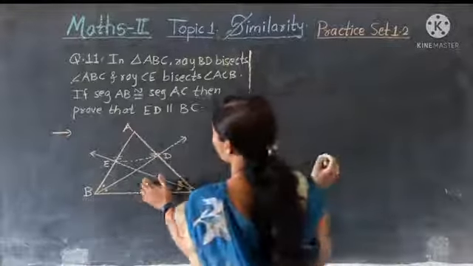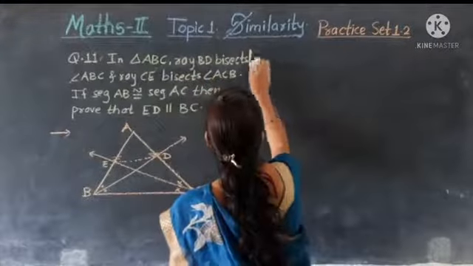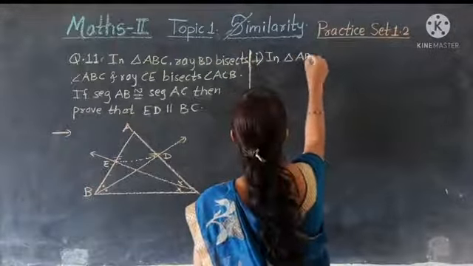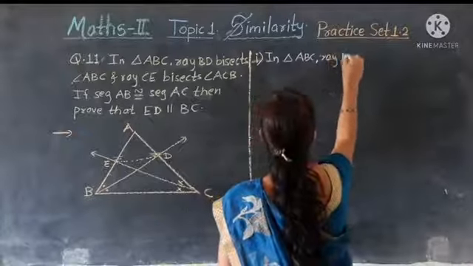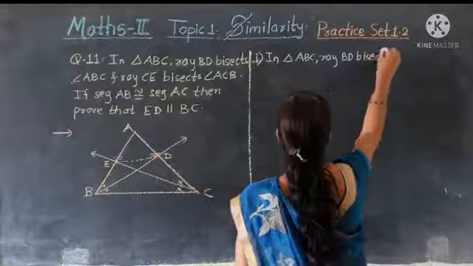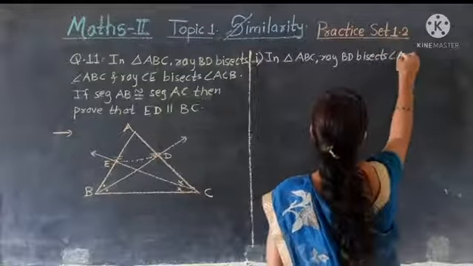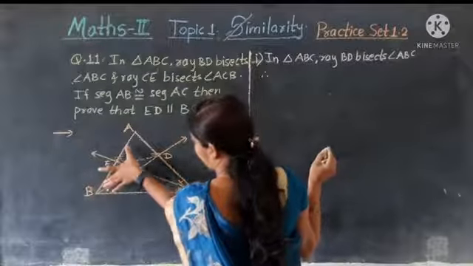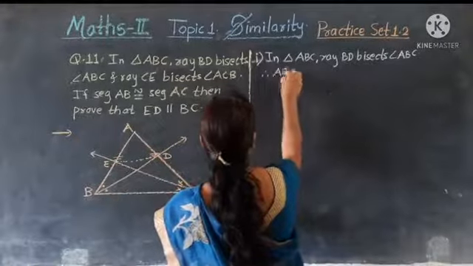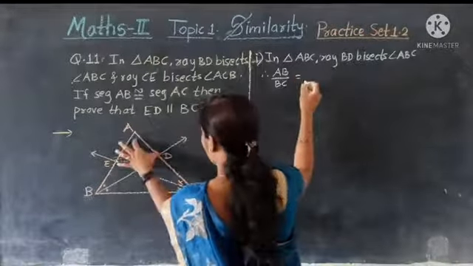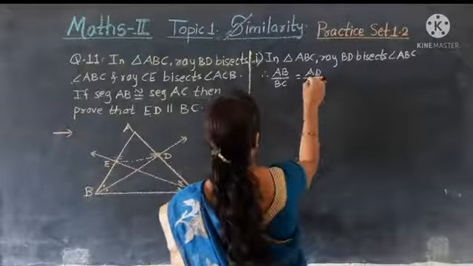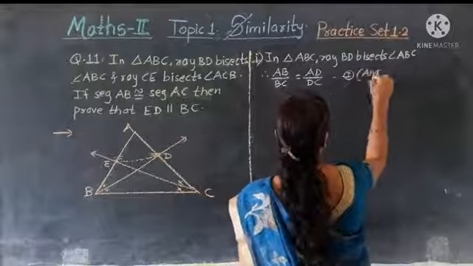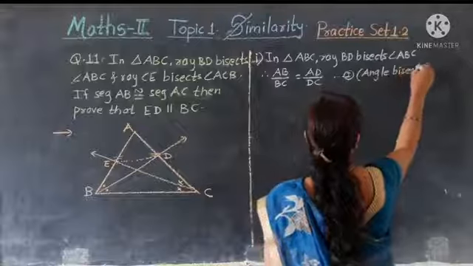First step, you write: in triangle ABC, ray BD bisects angle ABC. Therefore, you write AB upon BC is equal to AD upon DC. Equation number 1, by the angle bisector property or angle bisector theorem.